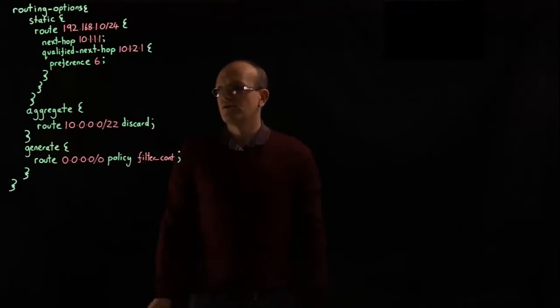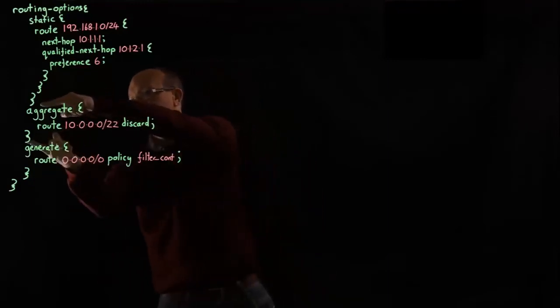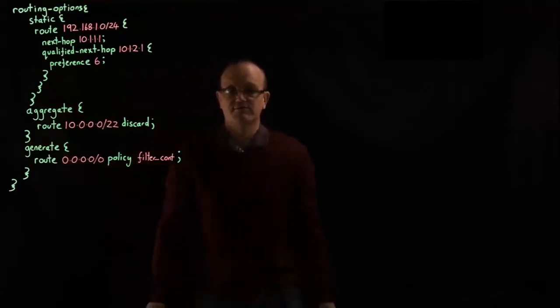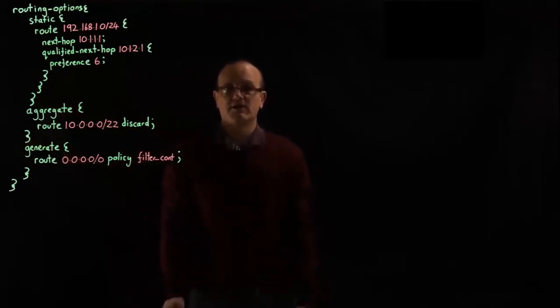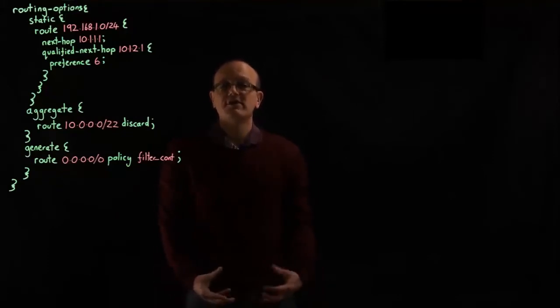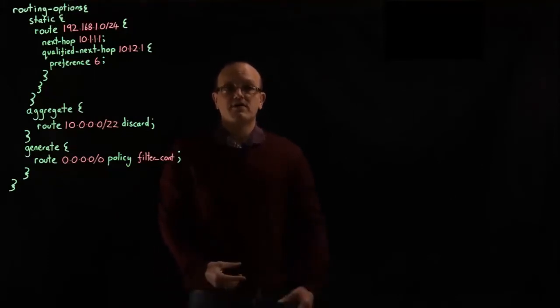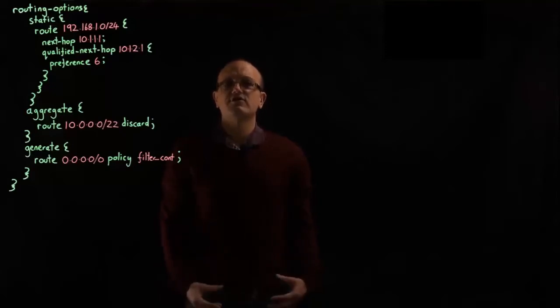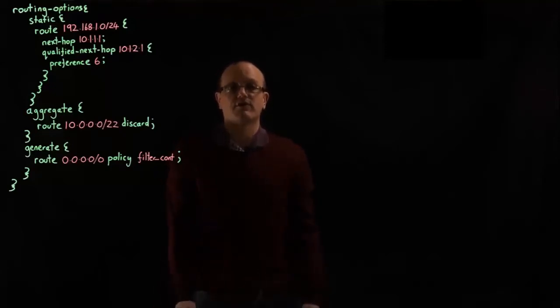Now let's move on to aggregate routes, which is this part of the configuration syntax that we've illustrated on the board. And aggregate routes are used for address summarization. So you're doing this for routing simplicity, and you're doing it to save resourcing within the control plane of your network.